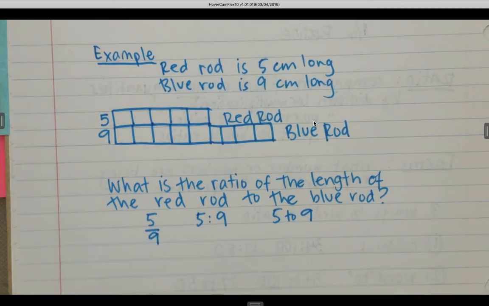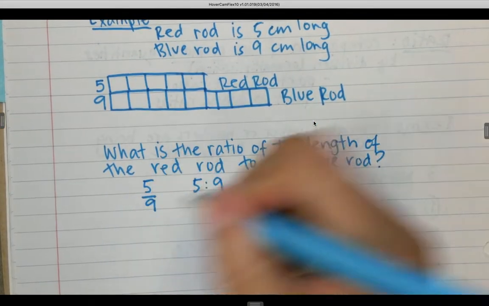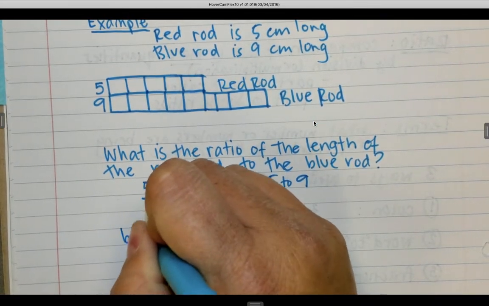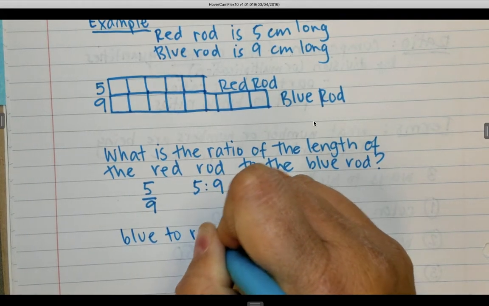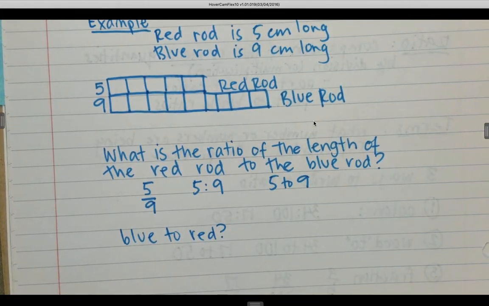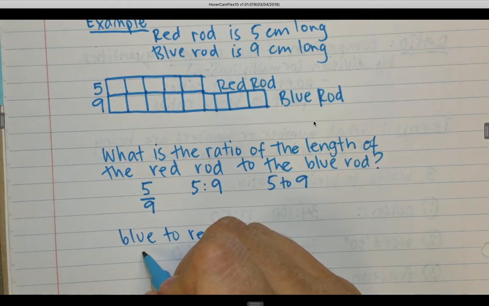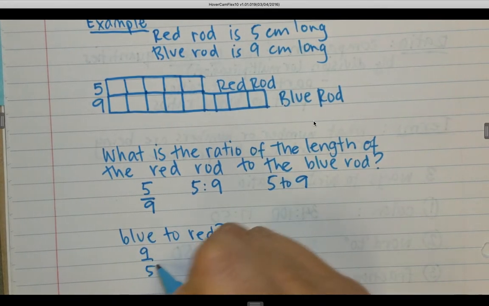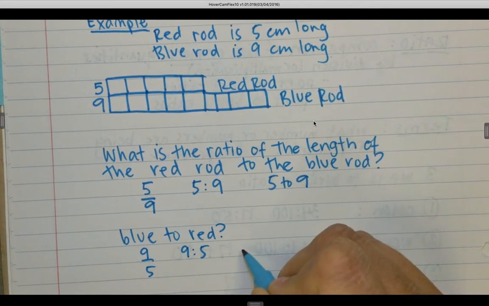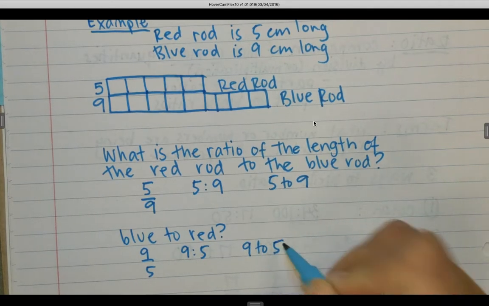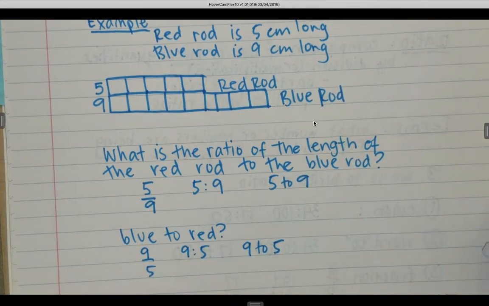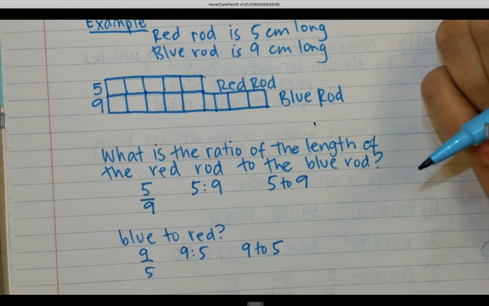Now, if they asked, what is the ratio of blue to red, then it would be 9 to 5. It's extremely important to read the way that they're asking.